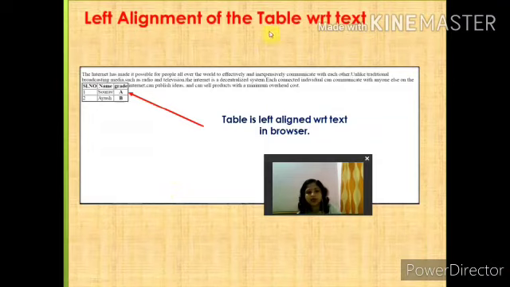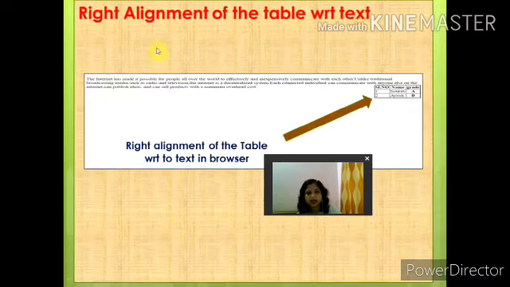If you use left alignment with a table, you will find that the table will be aligned to the left with respect to the text in a browser. That means the text will be there but the table will be aligned to the left side of the text. And if you use right alignment, then the table will be aligned to the right side with respect to the text.